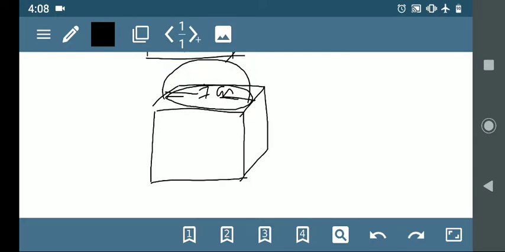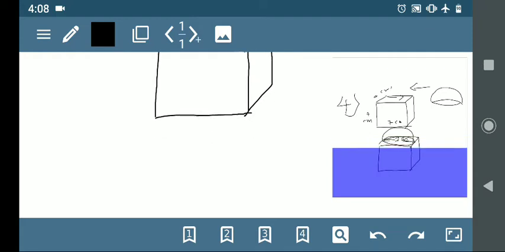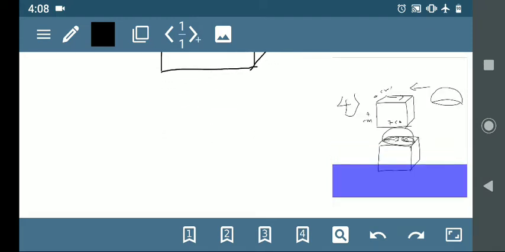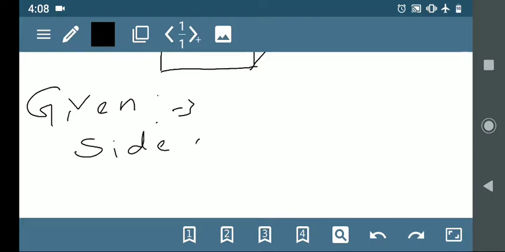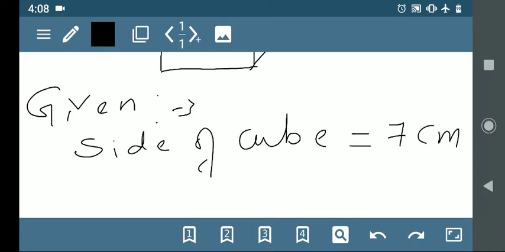Okay, dear students, see here. First question, what is given to us? Given: side of cube, cubical block, nothing but cube is equals to 7 centimeter.